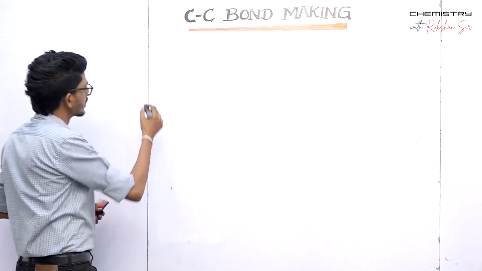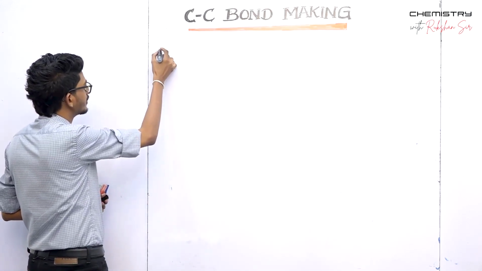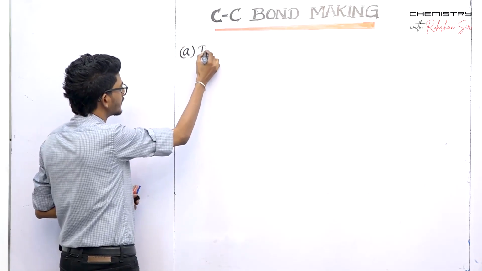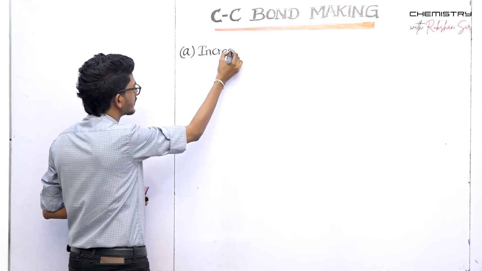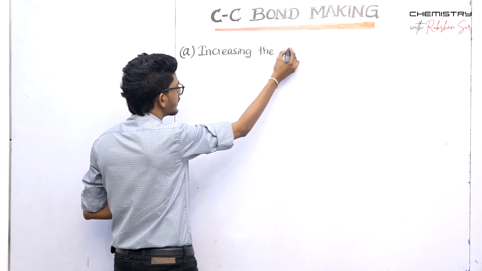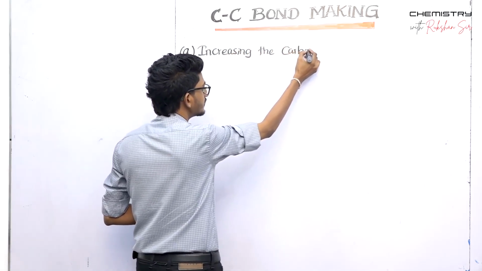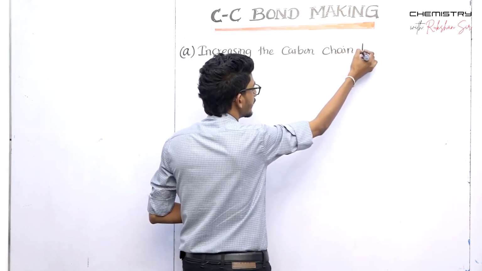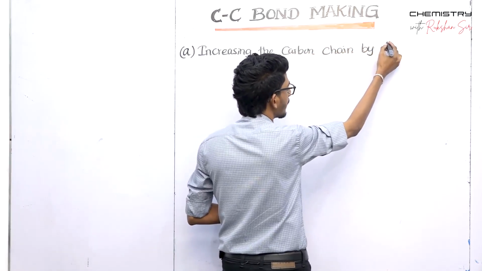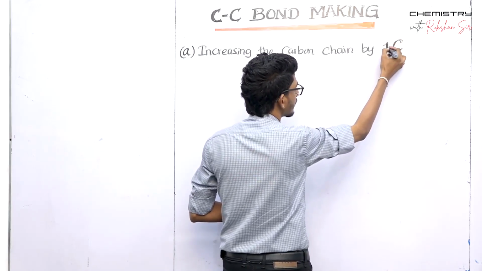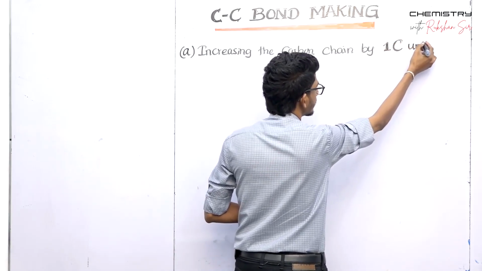This is about increasing the carbon chain by one carbon unit.